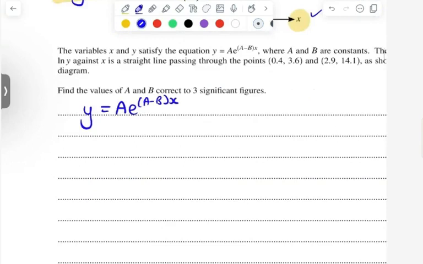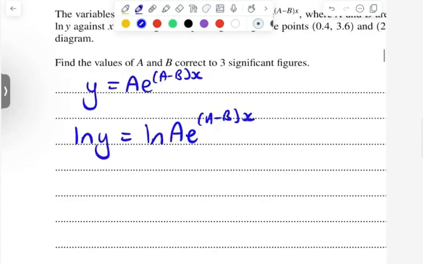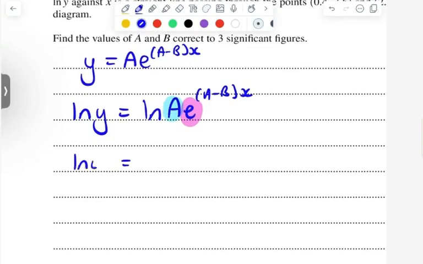So first of all, what I'm going to do is ln both sides. And you need to know your log and ln laws really well here. Now, this is made up of an a and let's just call it a b term, so 2 terms. So I'm going to split them using my log laws.